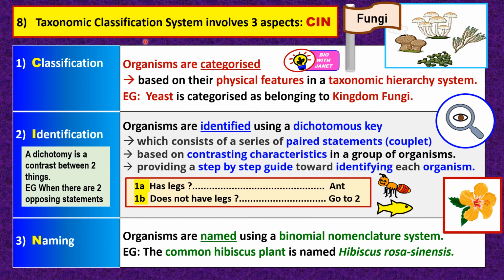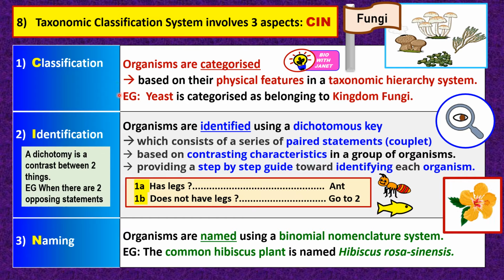So the taxonomic classification system involves three aspects, and the acronym is CIN, as in Cinderella. The C is for classification, I is for identification, and N is for naming. Firstly, classification. Organisms are categorized based on their physical features in a taxonomic hierarchy system.